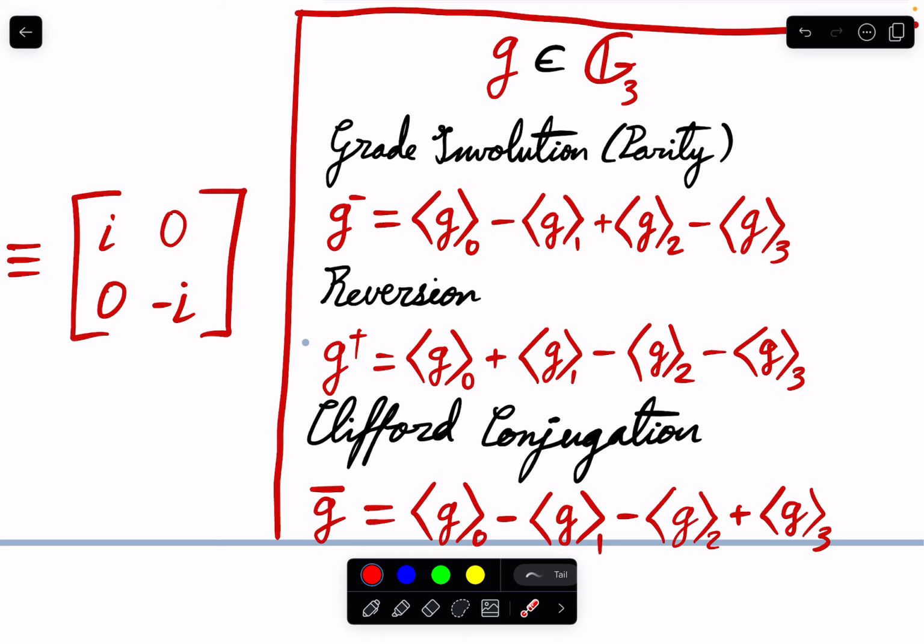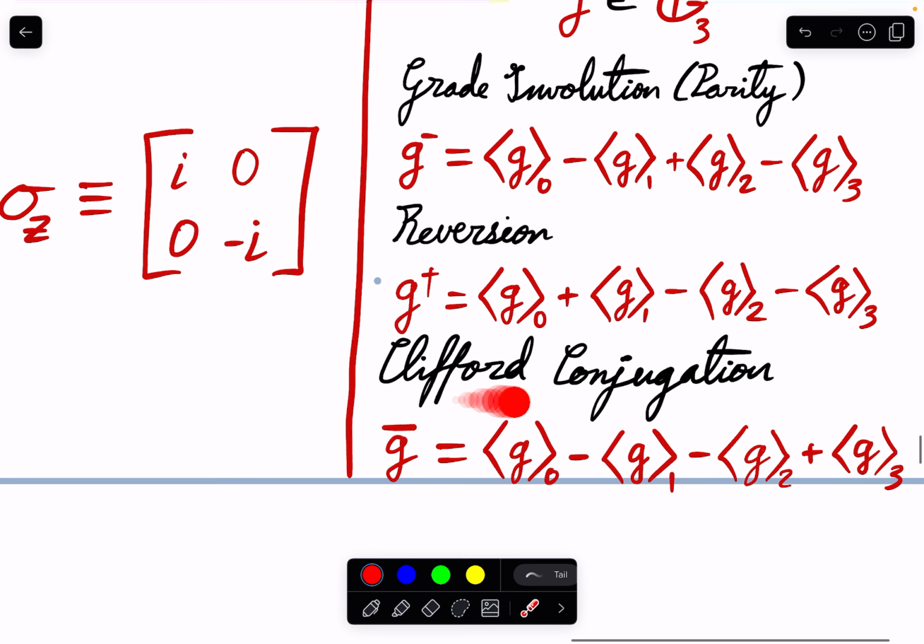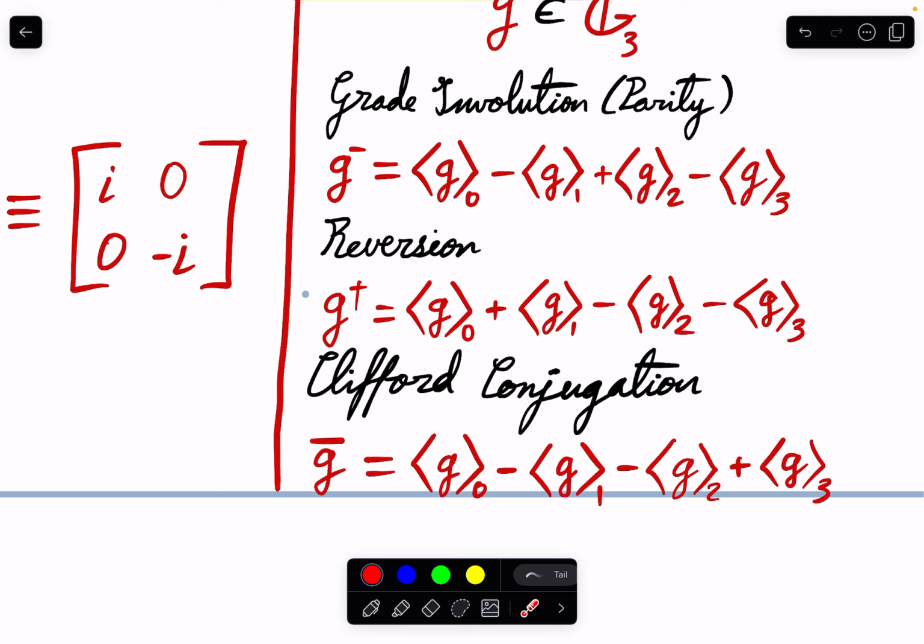It swaps the sign of all of the odd blades, all the odd k-vectors. Then there's reversion, which reverses the order of products, and so reverses the sign of bivectors and trivectors. Then Clifford conjugation, which is a combination of both. When you combine negative with positive, you get negative. Positive with negative, you get negative. Negative with negative, you get positive. So Clifford conjugation is the composition of reversion and grade involution.